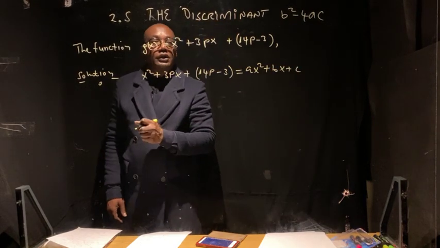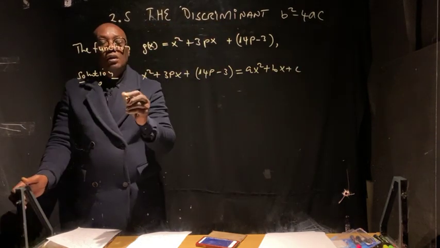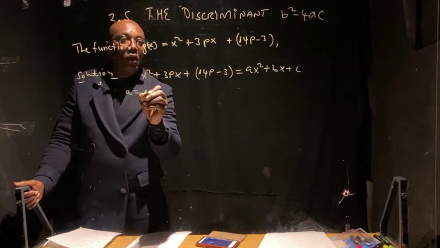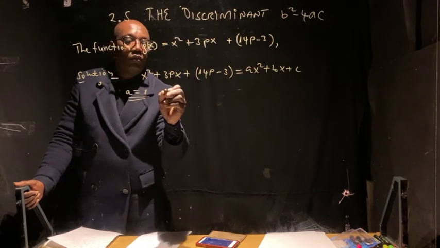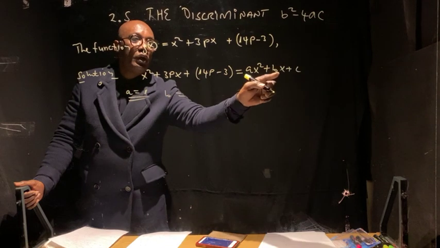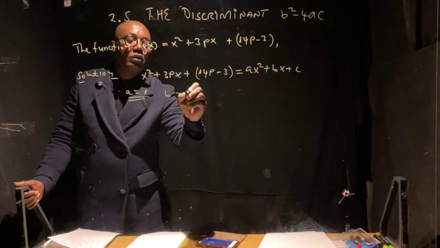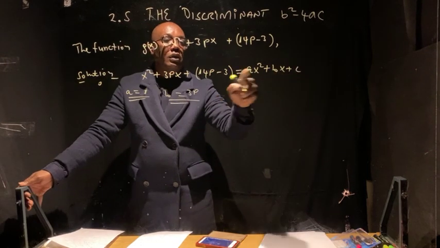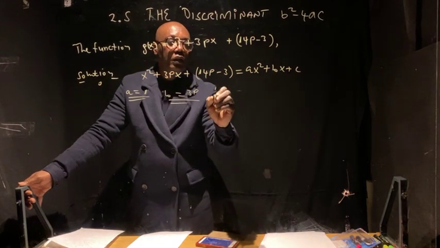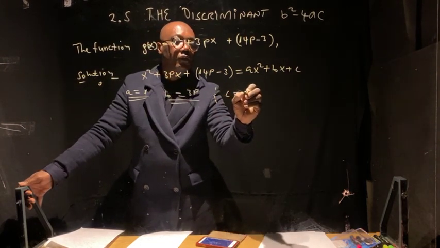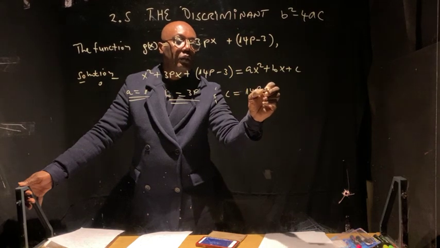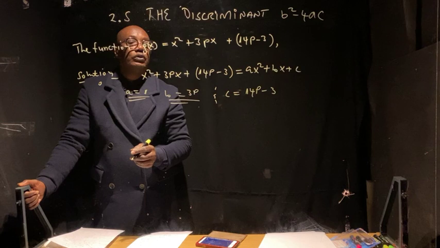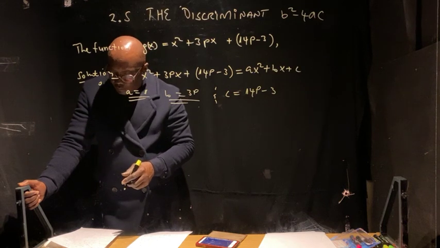Comparing the coefficients of x squared, we observe that a equals 1. Comparing the coefficient of x, b equals 3p, and comparing the constants, we see that c equals 14p minus 3.